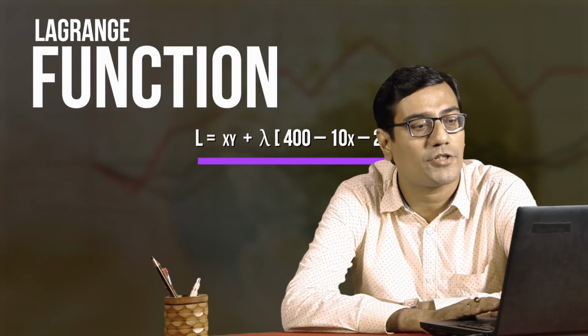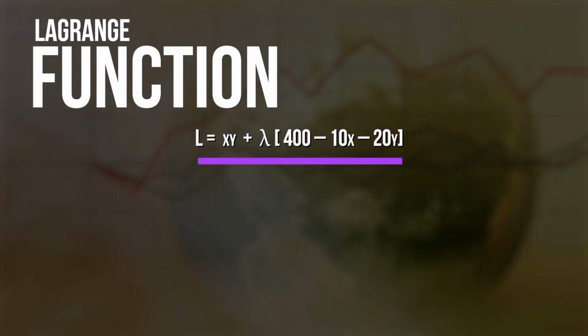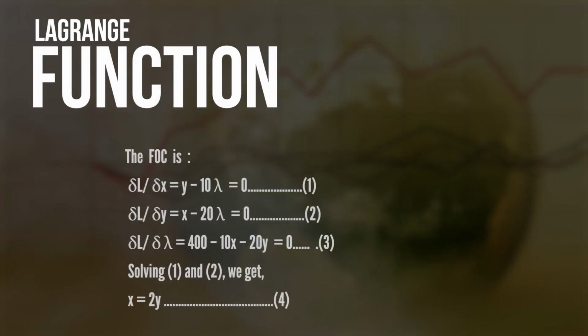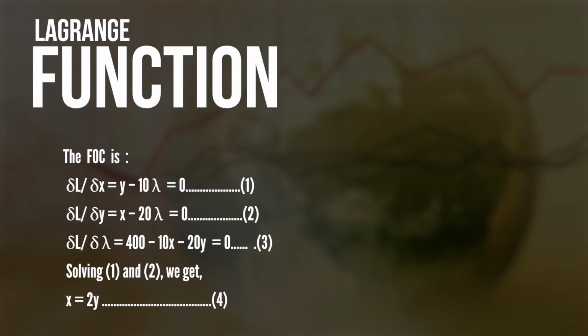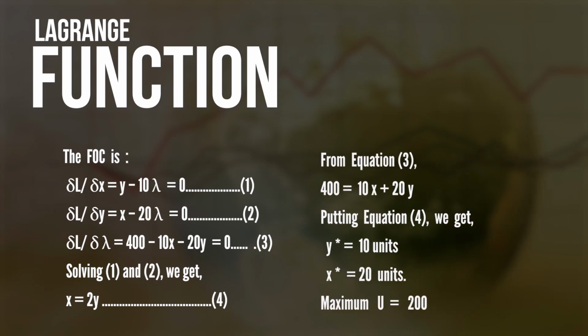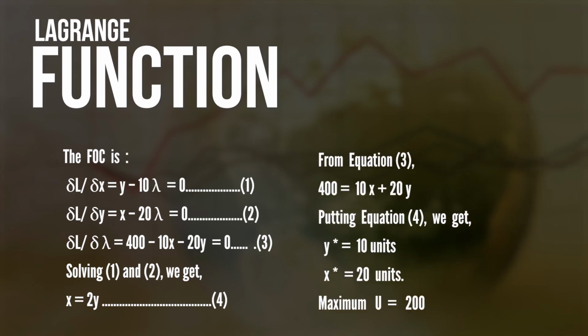So in order to do this, we obtain the Lagrangian function, which is xy plus lambda, the Lagrangian multiplier, times this portion, 400 minus 10x minus 20y. As with any estimation exercise or any kind of maximization or minimization problem, for any optimization problem, we go for the first order condition and set the derivative equal to 0.